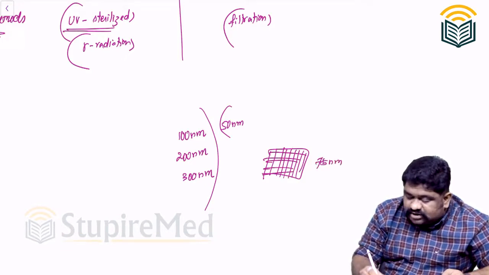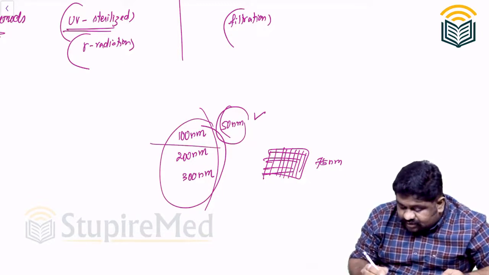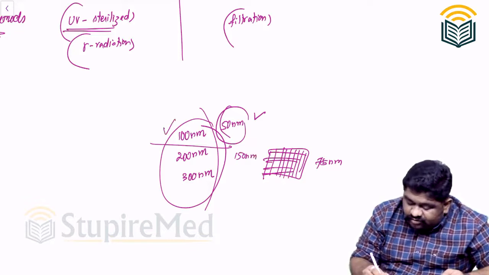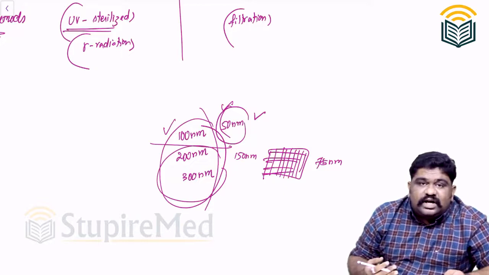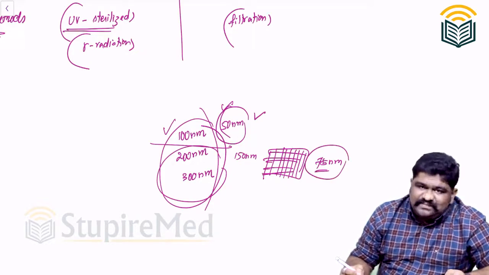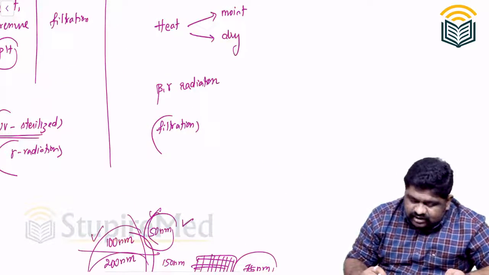It can allow the exit of 50 nanometers, but all the others can be retained. If I want to separate this from this, then I can set up a size of 150 nanometers, which can separate 150 on one side, 200 on the other side. Likewise, I can keep on separating organisms based on their size, using the alteration of pore size as the mechanism. In the case of sieve filters, biological filters can be used as physical methods.